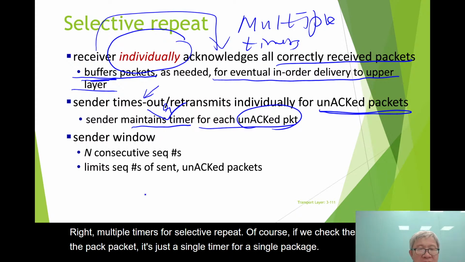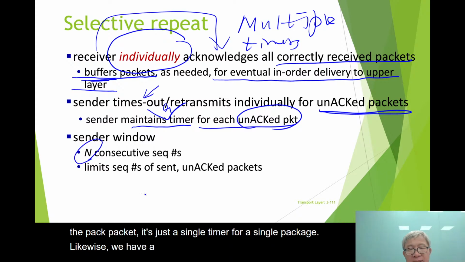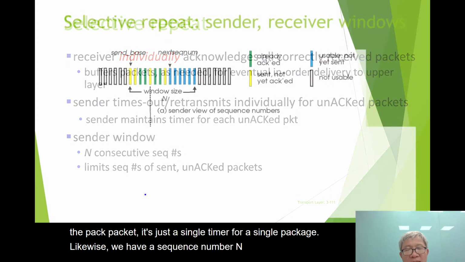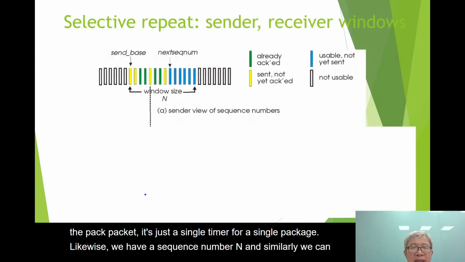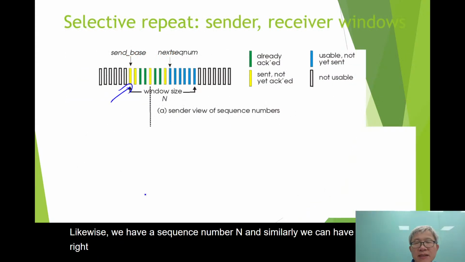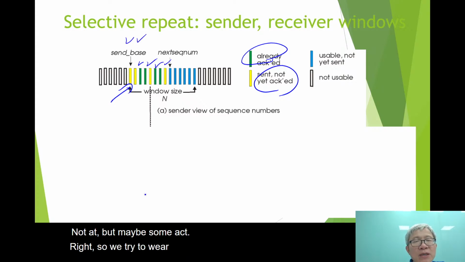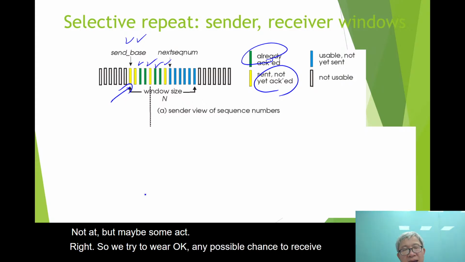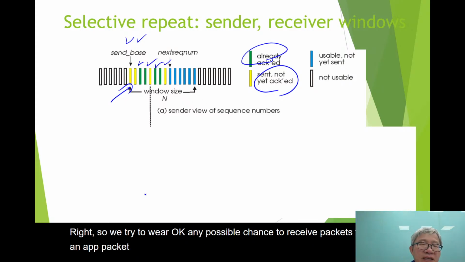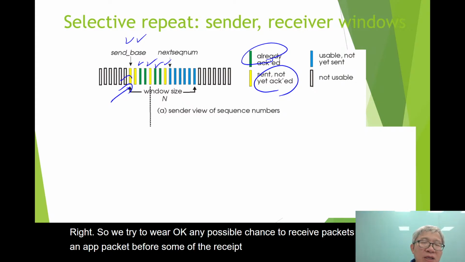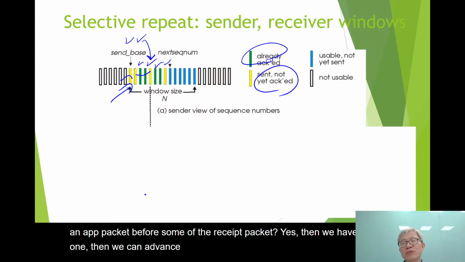Likewise, we have sequence number N, and similarly we can have these, right? So send, and maybe some ACK. So we wait, any possible chance to receive packets for those un-ACKed packets before some of the received packets. If yes, then we have an in-order one, then we can advance the window.